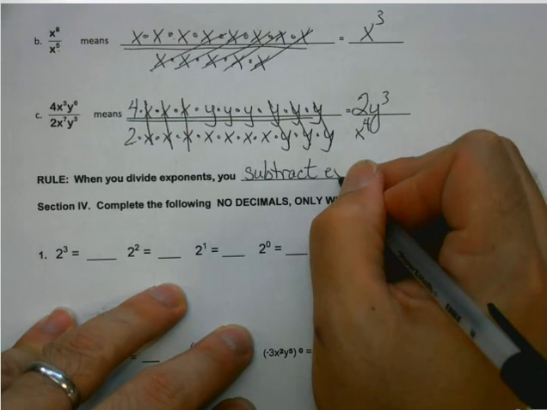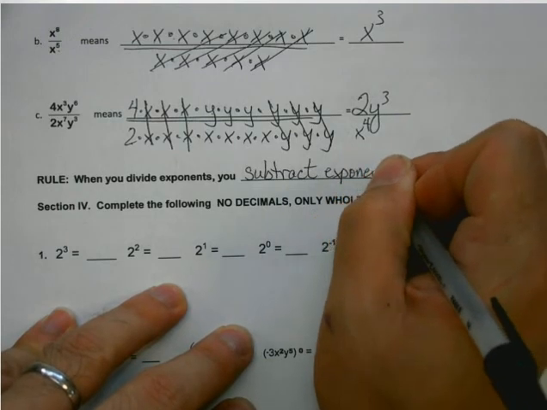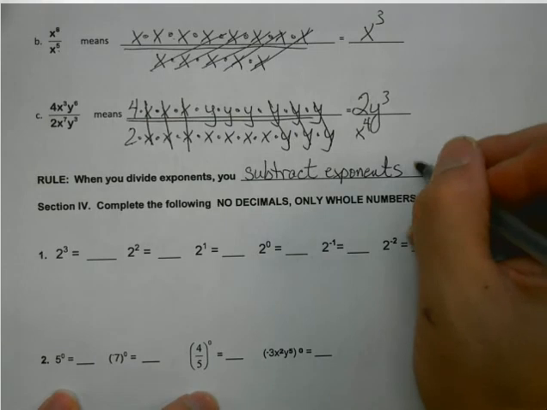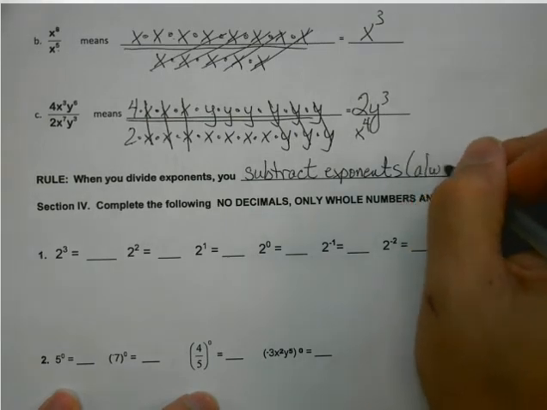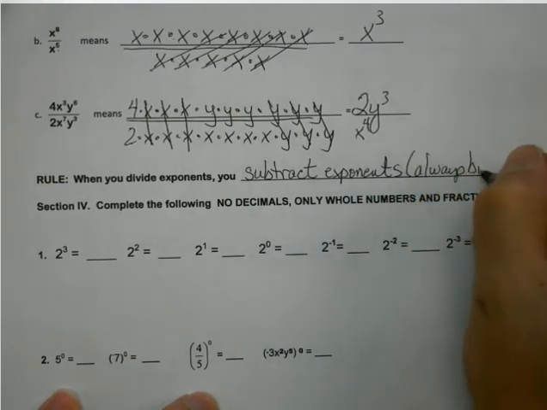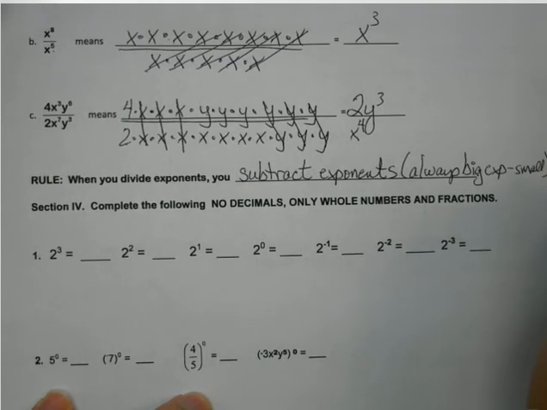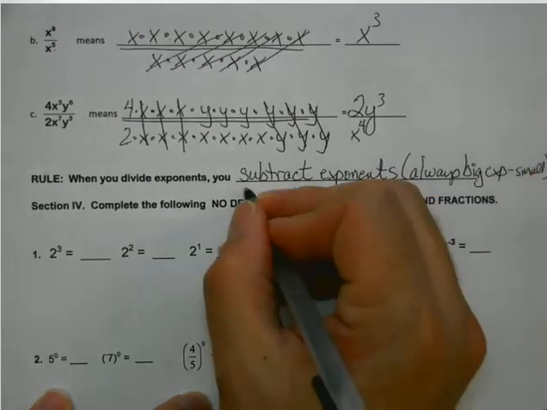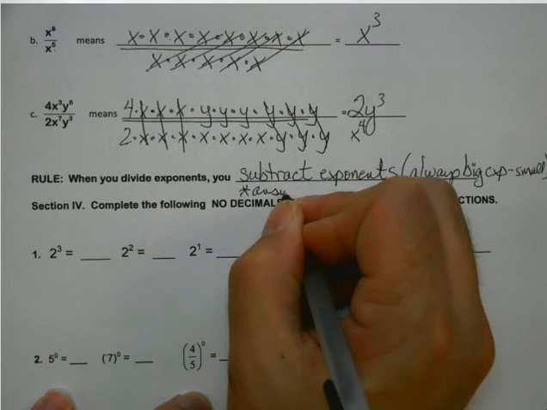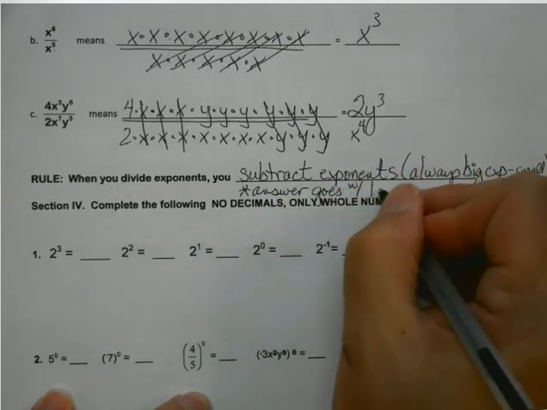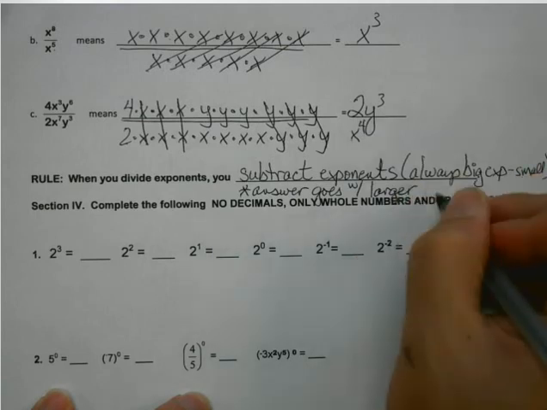Okay, you subtract exponents when you're doing this. But when you're doing these, you always do the big exponent minus the small, and your answer goes with the larger exponent.